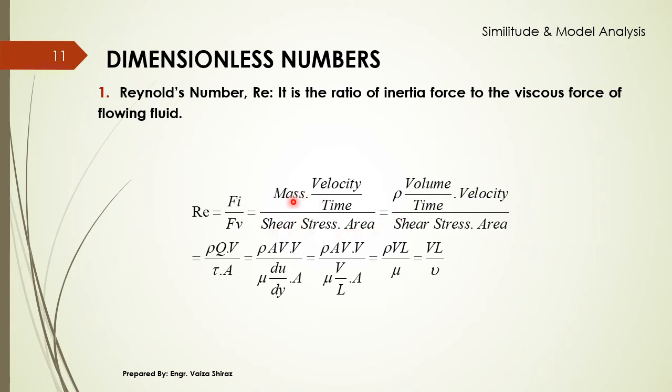Further, mass can be written as rho times volume, and volume over time gives the Q factor. Shear stress tau is mu du over dy, which can be further simplified as V over L. After the simplification, the final equation for the Reynolds number is rho V L over mu, that is V L over nu.